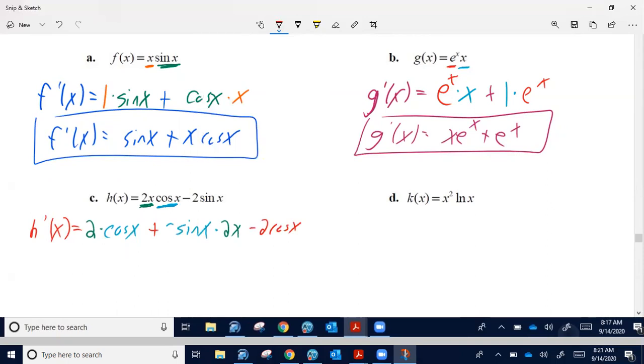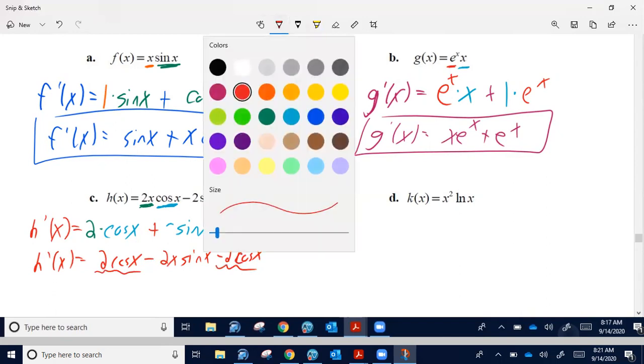If we clean this up a little bit, we're going to have h prime of x is 2 cosine of x, plus a minus makes a minus in the middle here. So it's going to be a minus 2x sine of x minus 2 cosine of x. If I pay attention, 2 cosine x take away 2 cosine x, those actually cancel out.